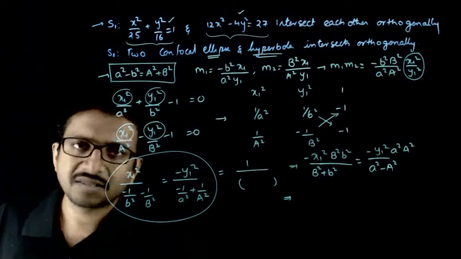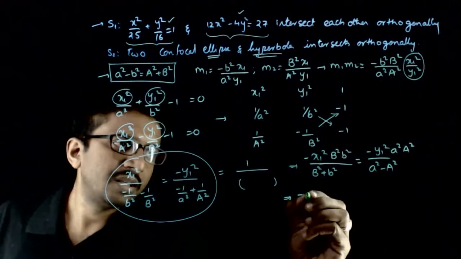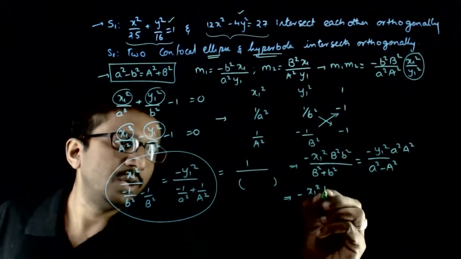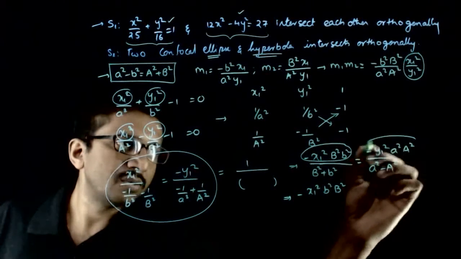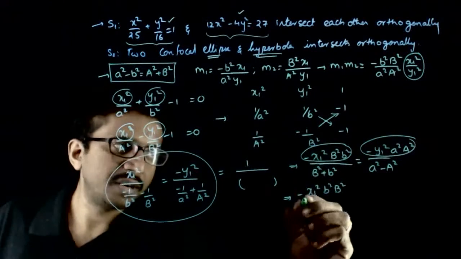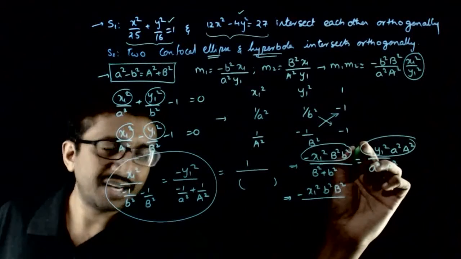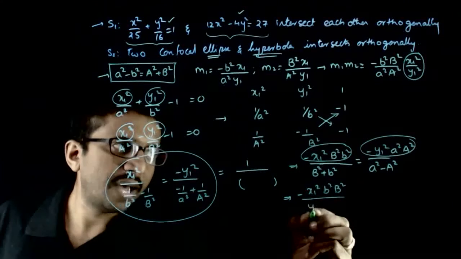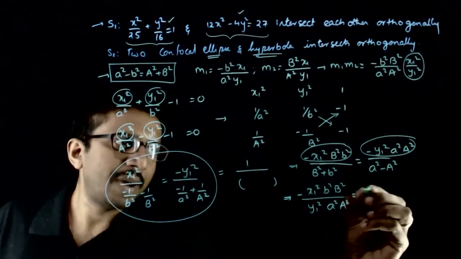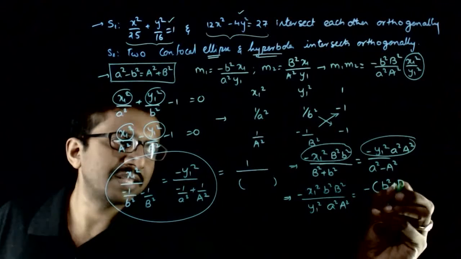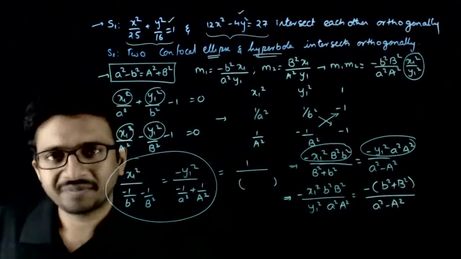So this implies minus of x1 square into b square capital B square, I'll send this into the denominator, divided by y1 square into small a square capital A square is equal to minus of b square plus capital B square by a square minus capital A square.